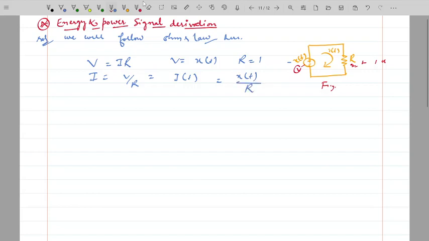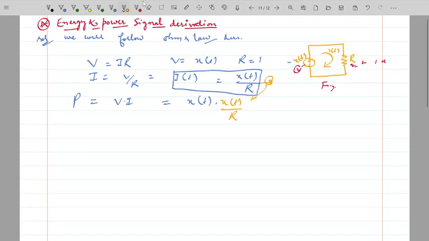So the instantaneous power in a circuit, if we find the power P, the formula of power is V into I. V is the voltage, that is x of t, and I is x of t upon R, which we put in this equation.